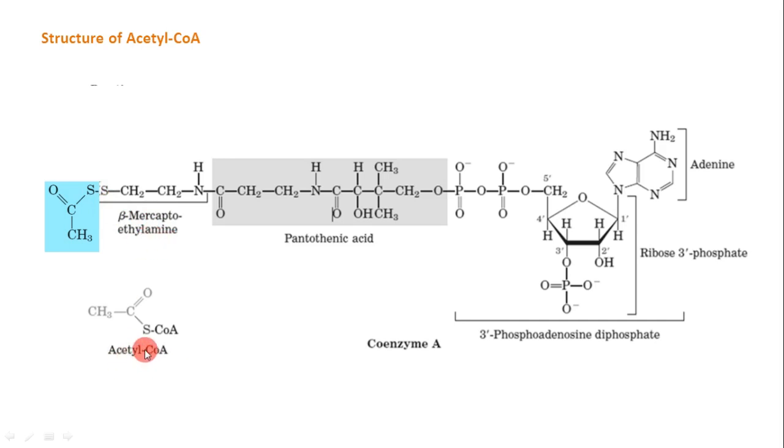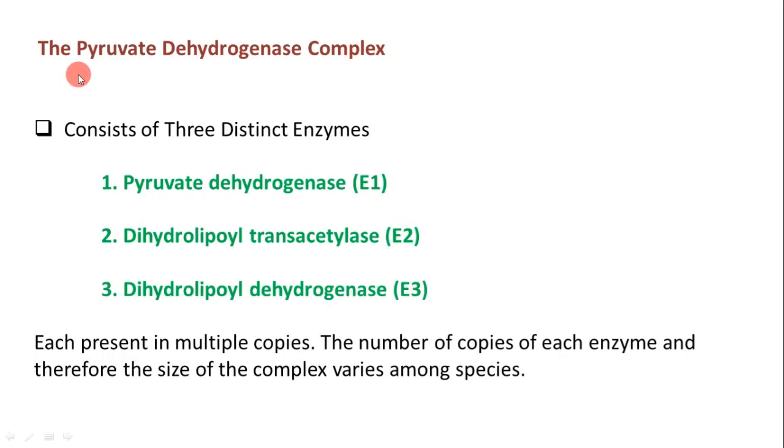Now let us examine the components of the pyruvate dehydrogenase complex. I told you there are three enzymes in this complex. These are these three enzymes. First one, pyruvate dehydrogenase, which is said to be E1 or enzyme 1.